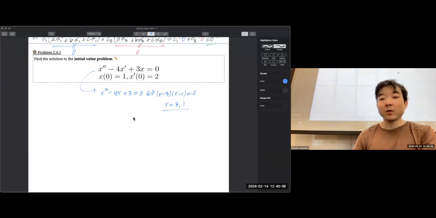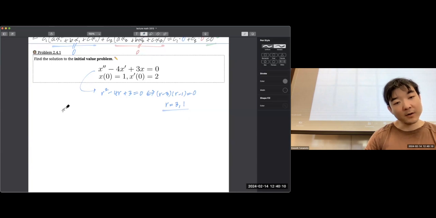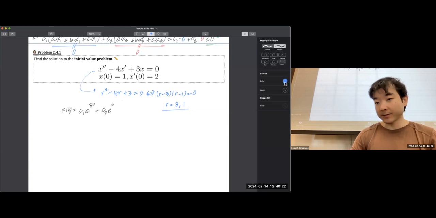And we know that your general solution, which we verified before, will be the sum of C1 e to the 3t plus C2 e to the t. This is the general solution, general because you still have your C's in it.